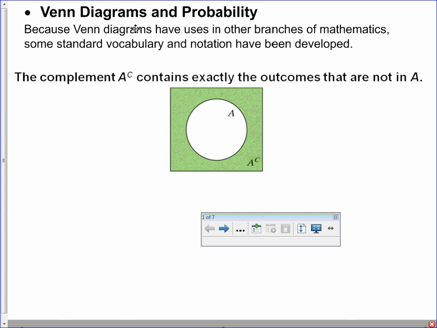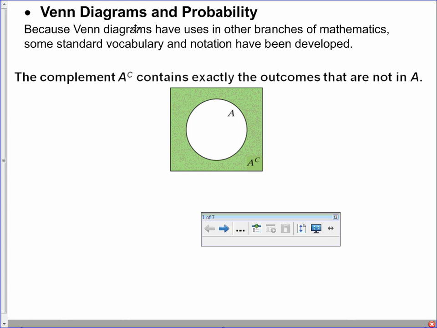Okay, so what we're discussing today is Venn diagrams and probability. What we're going to talk about is that a lot of these probability problems, the notation can get very dense and complicated, and it's a lot easier to visualize with a Venn diagram.